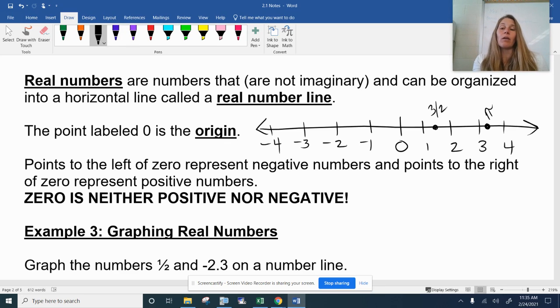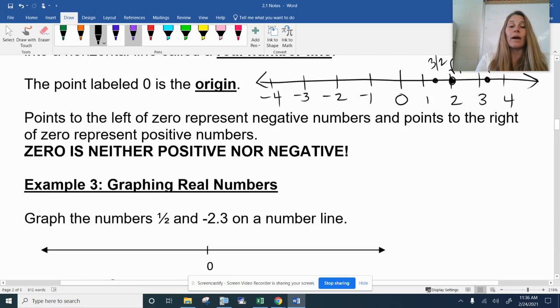So we can see that all our positive numbers, our negative numbers, fractions and decimals, even if you had something like, for example, we know the square root of 4 equals 2, so I could even plot that there on the number line. Now remember, 0 is neither positive nor negative. It's just that neutral value that separates our positives and our negatives from each other.